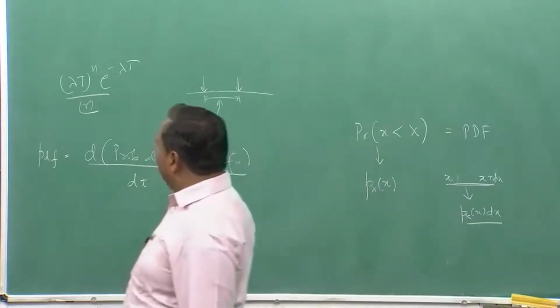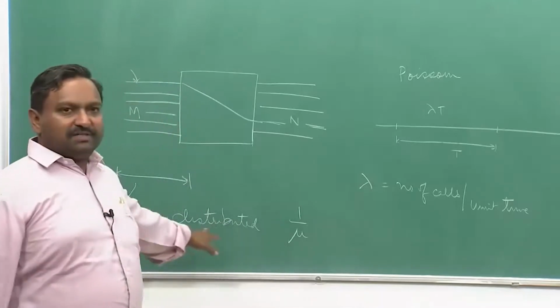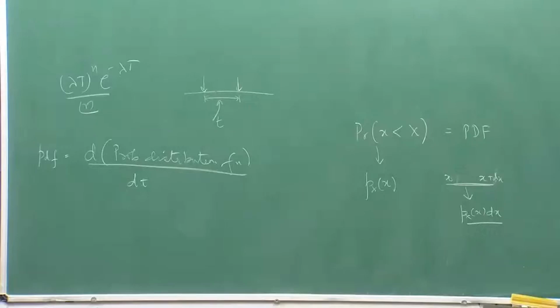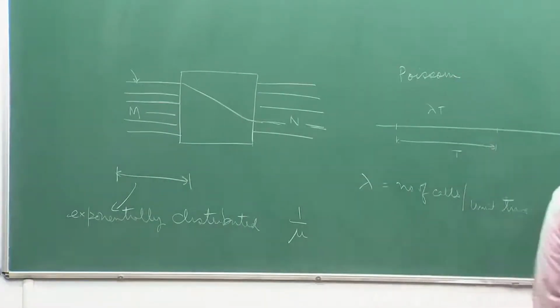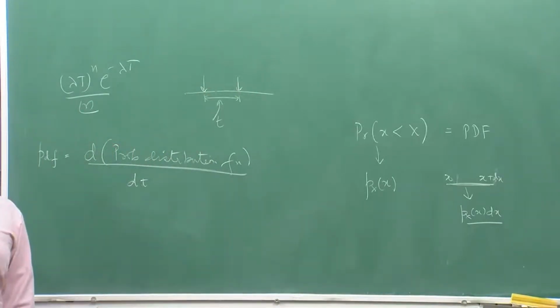Now I can use this same mechanism to estimate the exponential distribution for the time. So, the Poisson distribution is related to the exponential distribution. In that sense, the time between two consecutive arrivals is exponentially distributed.